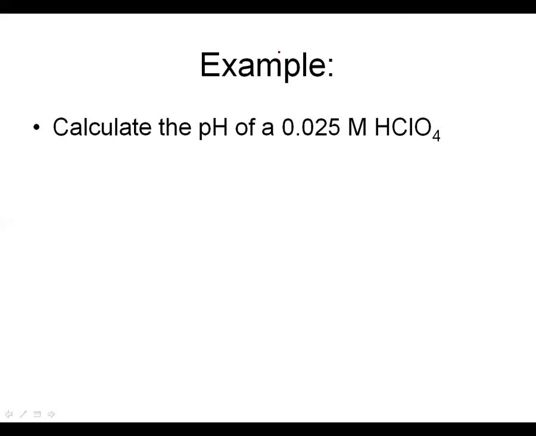So again, for example, here, if we are given perchloric acid at 0.025, we would break it apart because again, it is a strong acid. So it would 100% break apart into H plus and ClO4 minus, which is perchlorate. And we would find the concentration of our H plus here by doing that relationship.